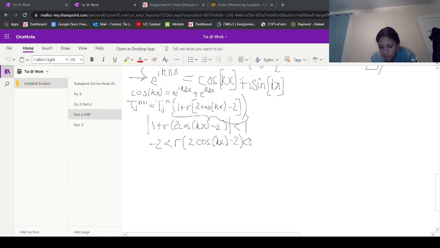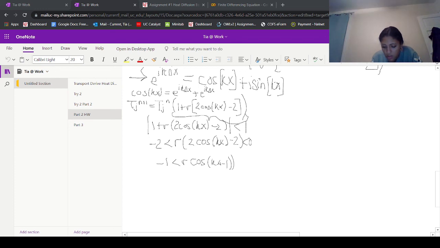You change it into one of those kinds of inequalities that's like less than on both sides. Okay, next part of this is I have to recognize that we have to go to -1 is less than r cosine of kx minus 1.